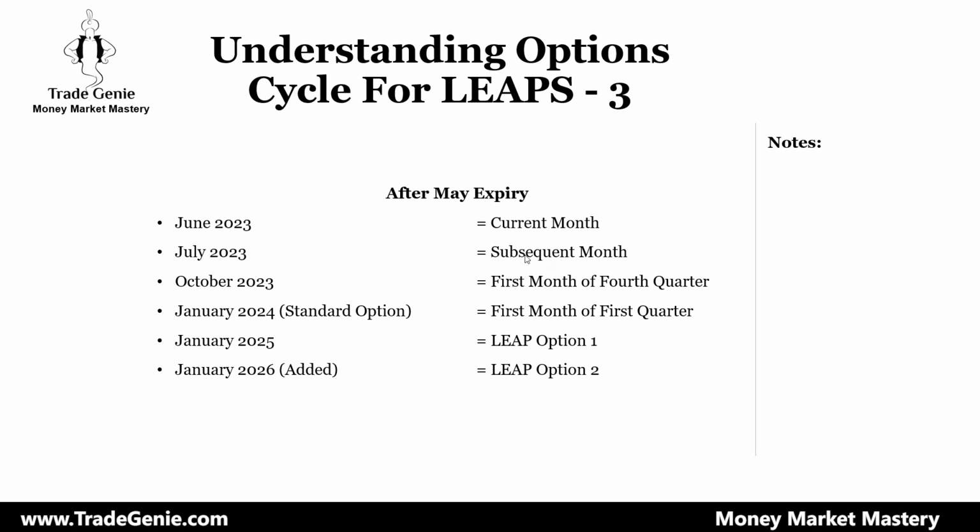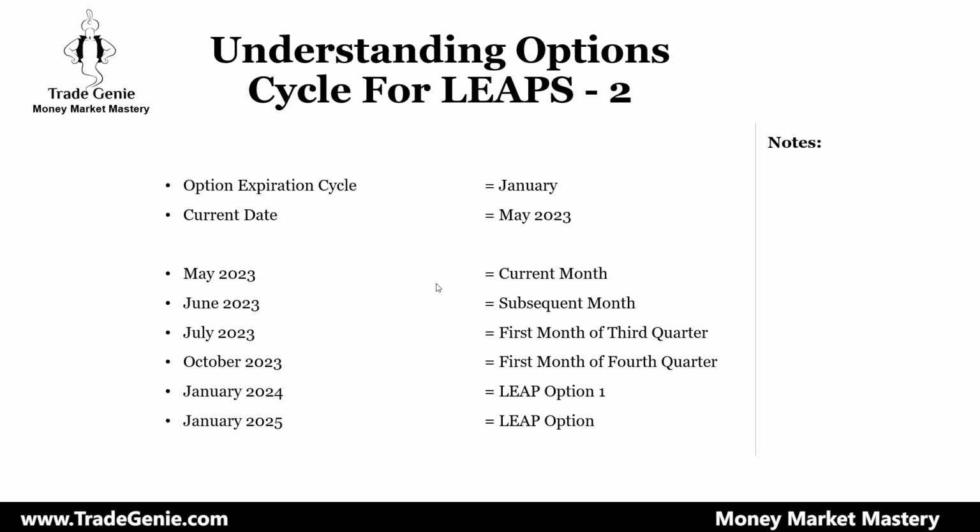July is already listed. October will be the first month of the quarter, and January 2024 is already there, so nothing is changing here. So you see here May, June, July, October, January 2024, and January 2025. You just have to remember that this is what's listed: May, June, July, October, and then January.